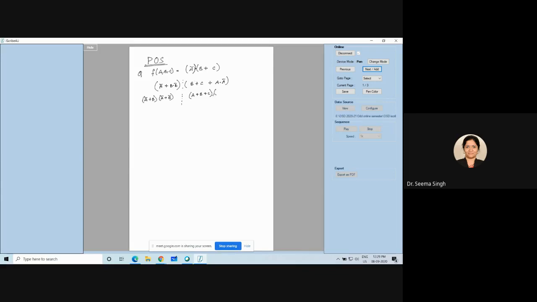Now A bar will get distributed to this B plus C, so it will become A bar plus B plus C.